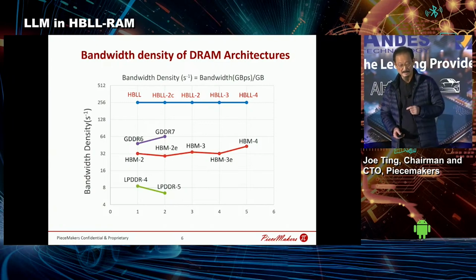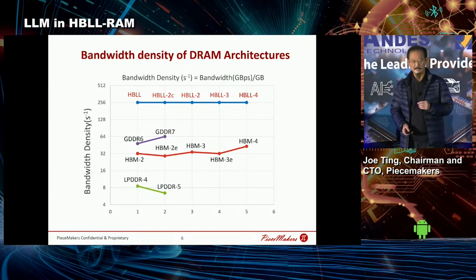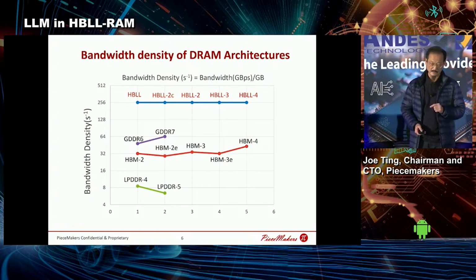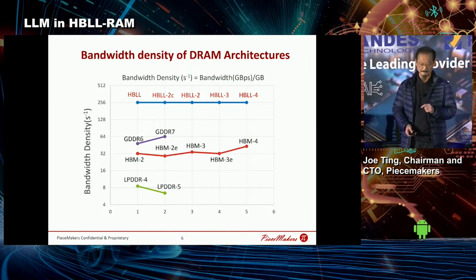We say gigabyte per gigabyte. The different families show up here. So the HBLL RAM is much higher than HBM, low power DDR, and GDDR families. So that's why we can provide those two differences.